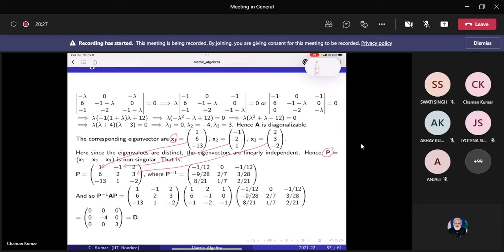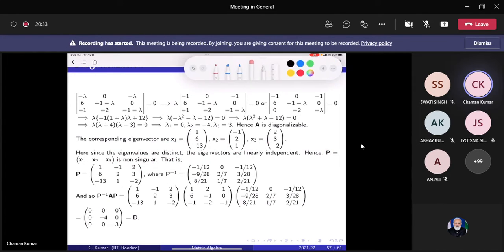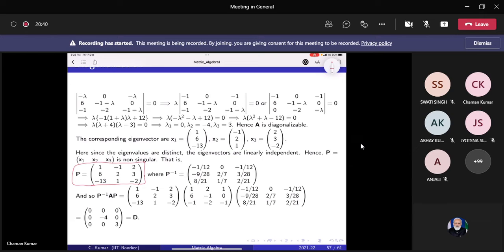These eigenvectors are linearly independent, so P will be invertible because all the three columns of P are linearly independent. Columns being linearly independent means that the rank of P is equal to the order of the matrix. In this case, the rank of P will be 3, which is the order of the matrix. And if the rank and the order are the same, then the matrix is invertible.